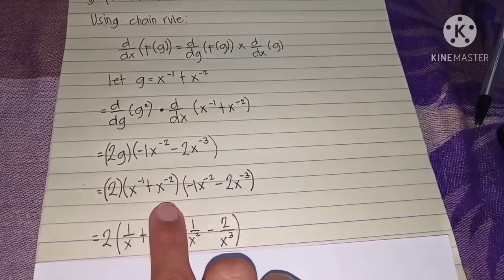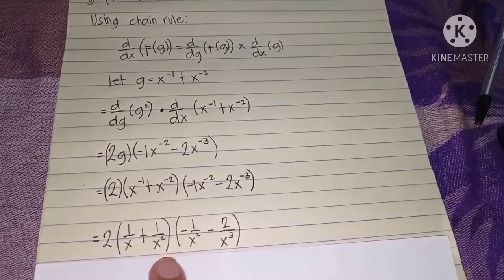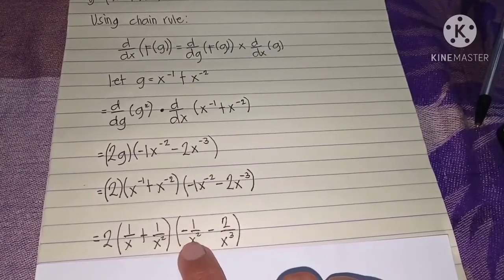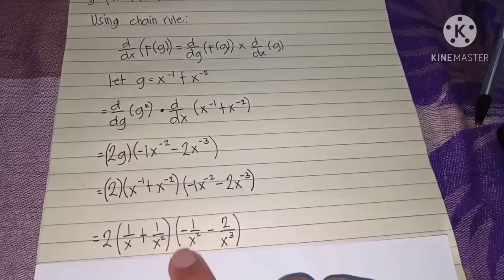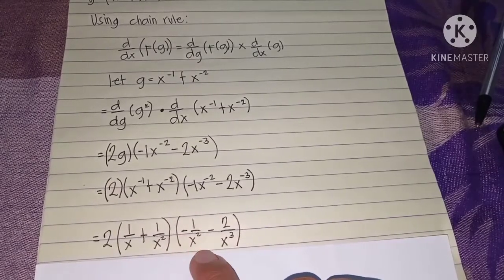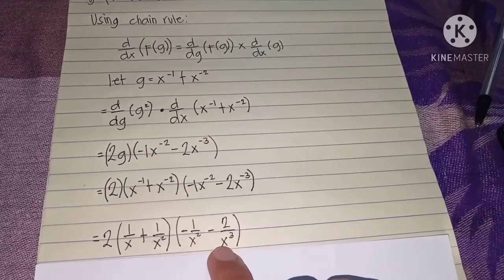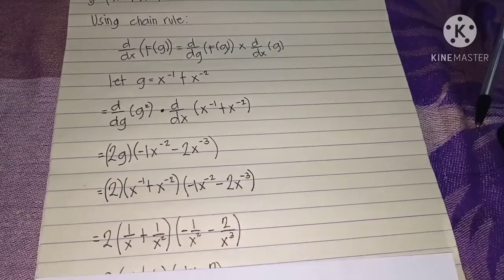So this is its reciprocated form, times negative 1 over x squared minus 2 over x cubed.